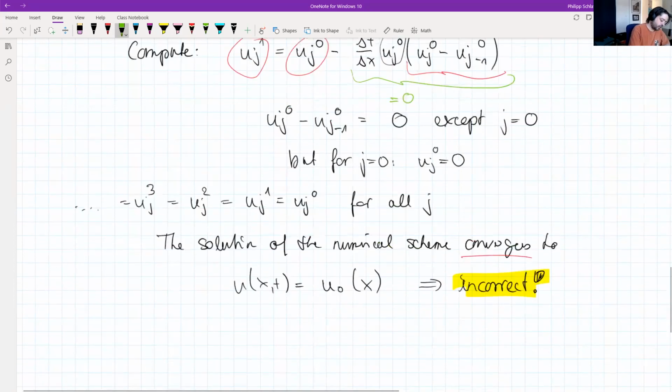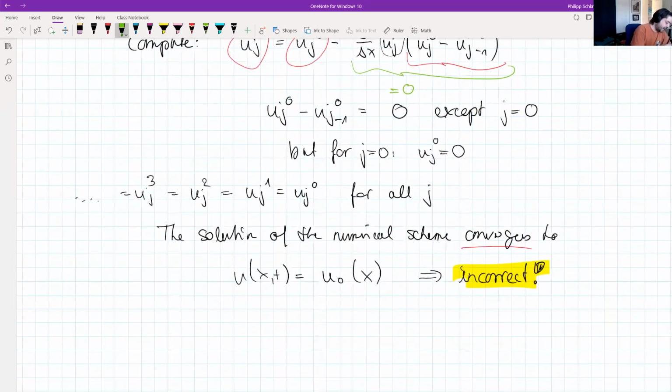So the conclusion of this is, in order to get correct results, we actually would need to look at a better discretization. So instead of approximating the quasi-linear form, we should try to approximate the conservative form. And I just wrote it up on the top.